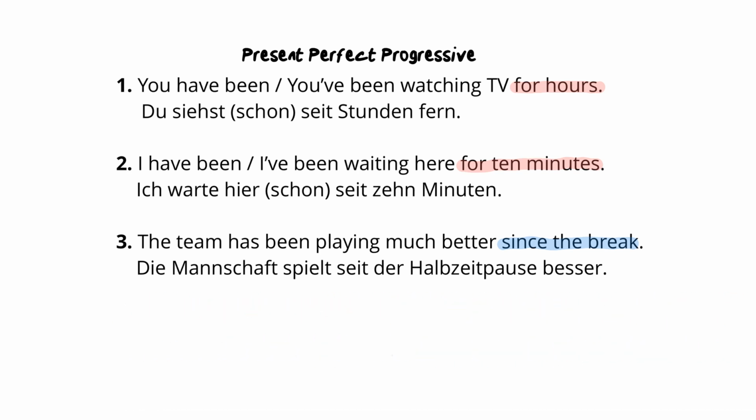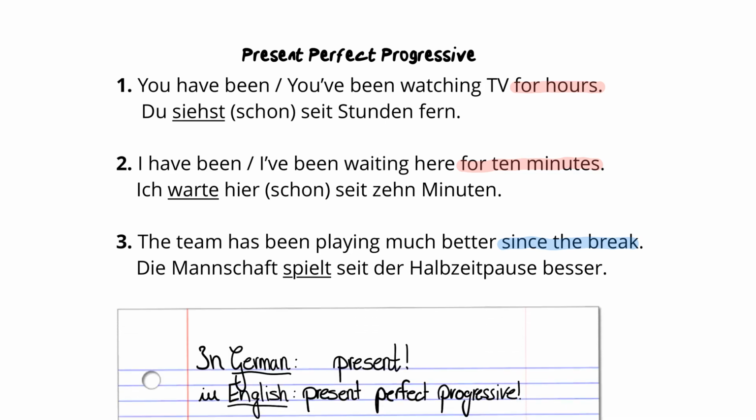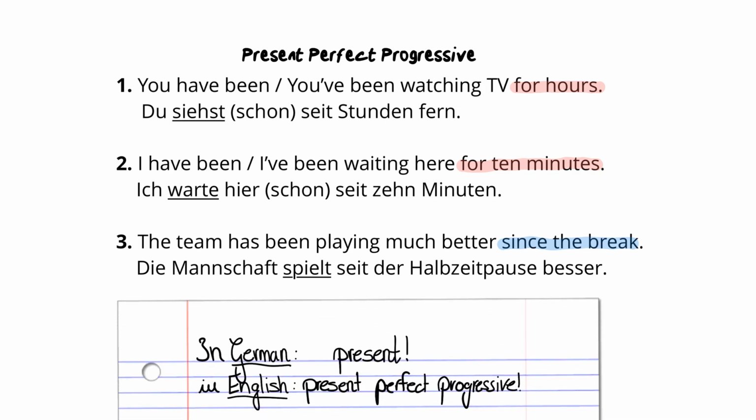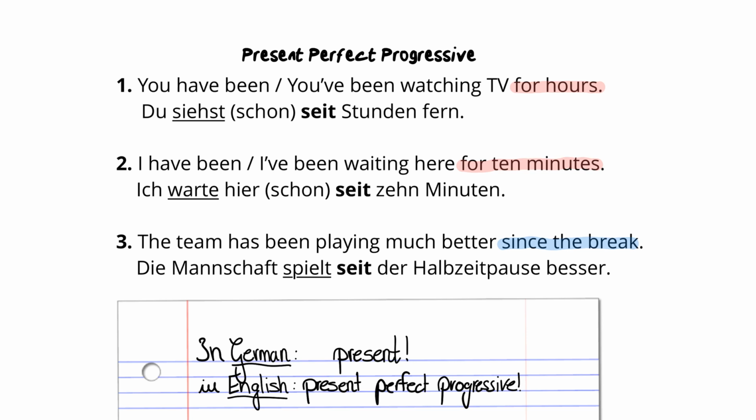If you look at these 3 translations, you can see that we usually use the present in German when we translate present perfect progressive phrases. In addition to that, we can see that the German language just has one word, namely the word seit, whereas English distinguishes between since and for.